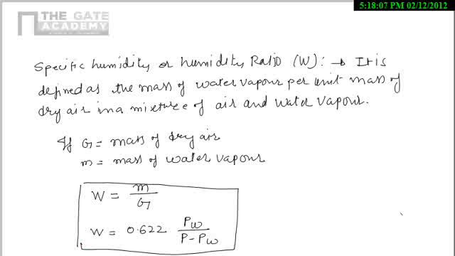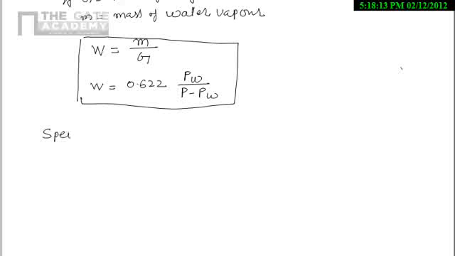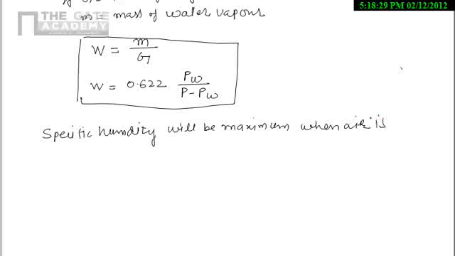So now we will talk about maximum specific humidity. So I will write specific humidity will be maximum when air is saturated at temperature T.